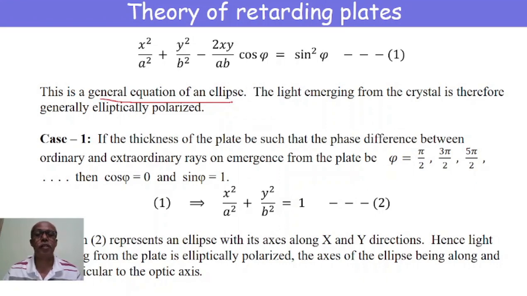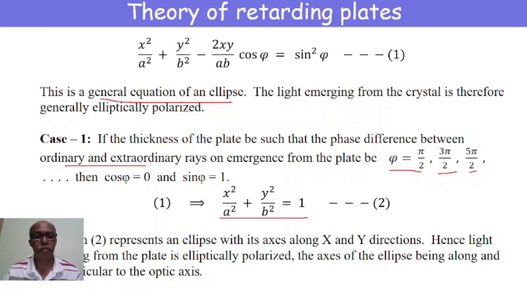We have special particular cases. First case, if the thickness of the crystal is such that it produces a phase difference of phi equals pi by 2 or 3 pi by 2 or 5 pi by 2 between ordinary and extraordinary rays, then cos phi becomes 0 and sin phi becomes 1. Therefore, the above equation becomes x square by a square plus y square by b square equals 1.